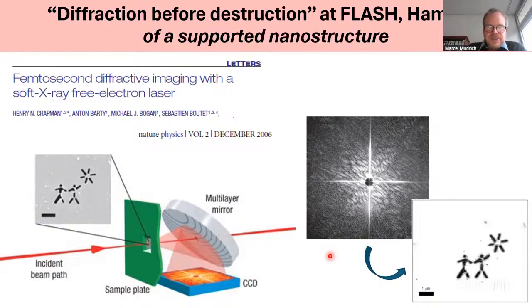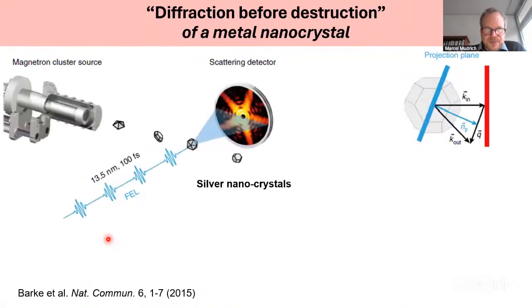That's, of course, the drawback of femtosecond X-ray diffraction imaging. The pulses are so intense that every shot destroys the sample. And this makes it much more complicated to do experiments on these supported targets, because then you have to mechanically move in and out the next target.